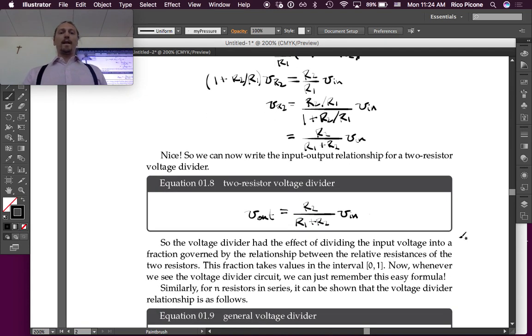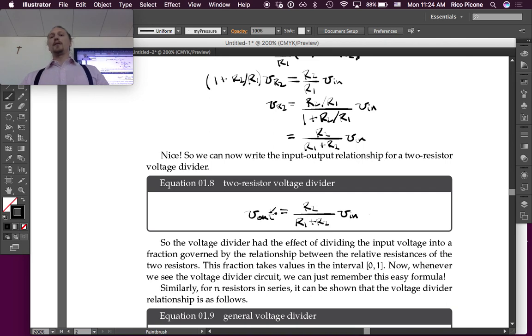Nice. So the voltage divider had the effect of, you guessed it, dividing the input voltage into a fraction governed by the relationship between the relative resistances of the two resistors. So it's going to take values from 0 to 1, right? So if R1 is 0, or if we could say R2 is much greater than R1, this is going to be approximately 1, this fraction, right?